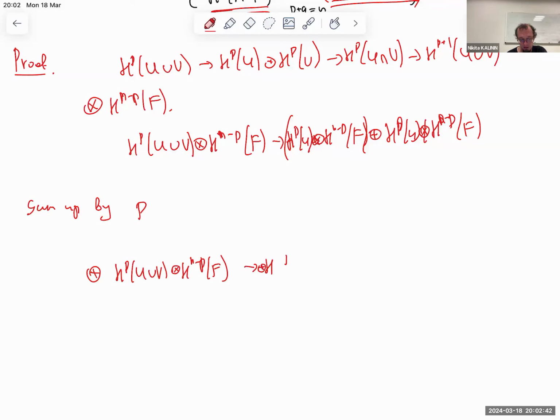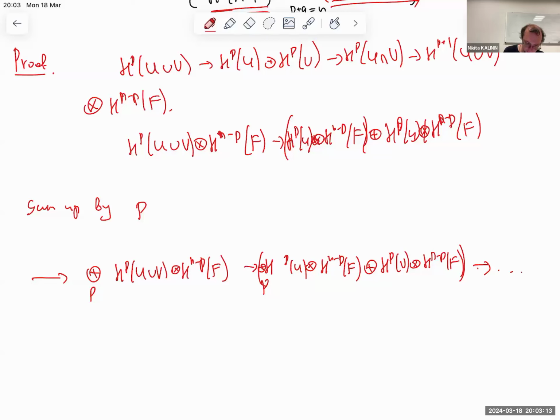Here you have HP U tensor Hn minus P F plus HP V tensor Hn minus P F. Well, and the same term here, but here everywhere you have summation by P.